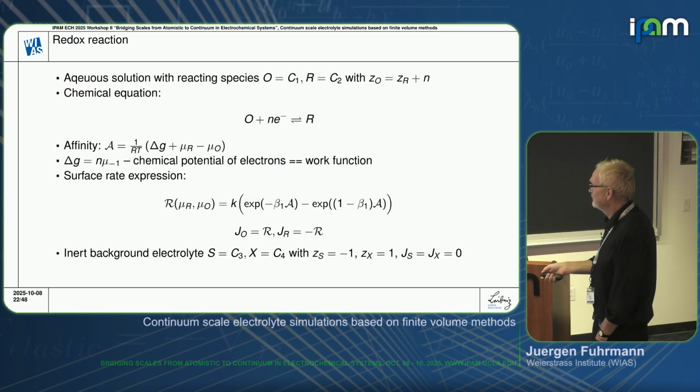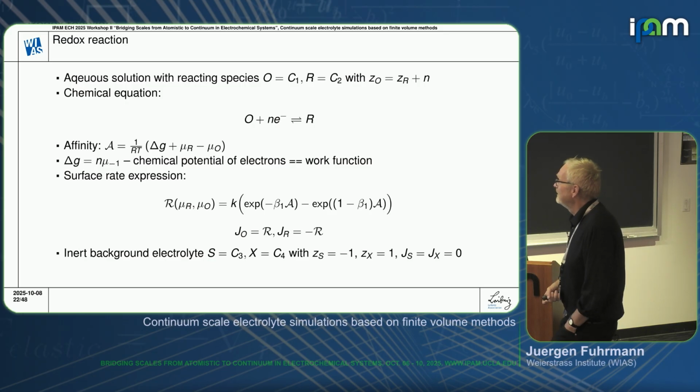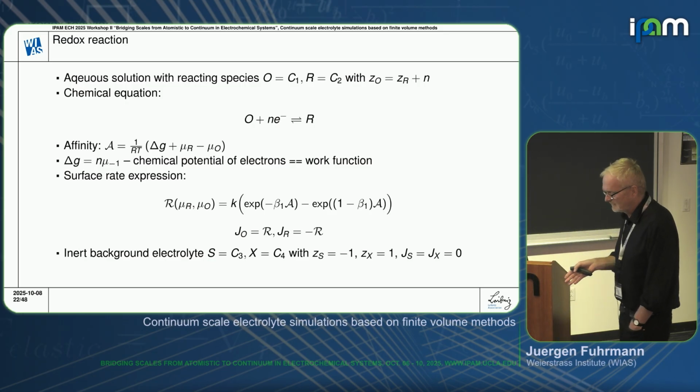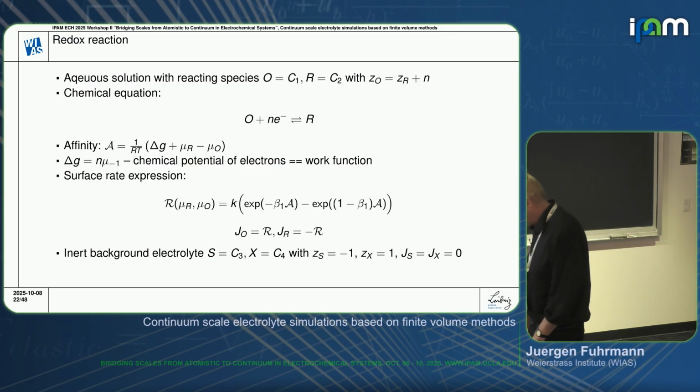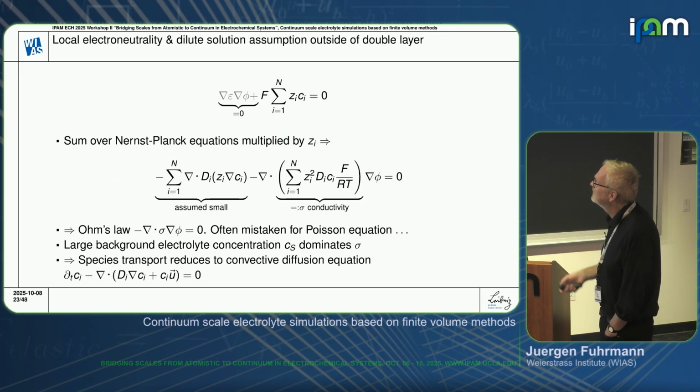In addition, we can also introduce the inert background electrode, where we then have species S and X, which are concentration numbers 3 and 4. We can look at this at the scale of the Nernst-Planck equation.